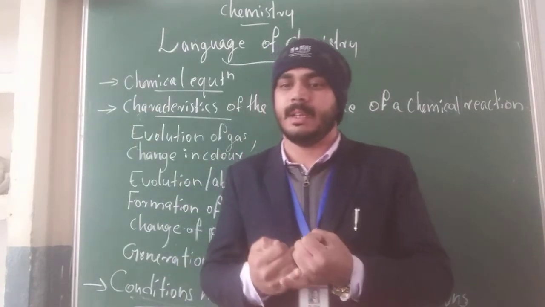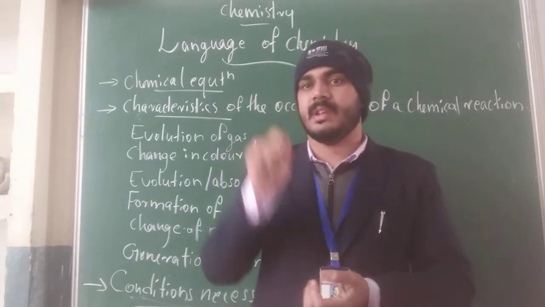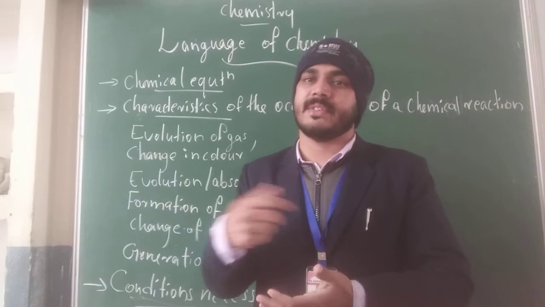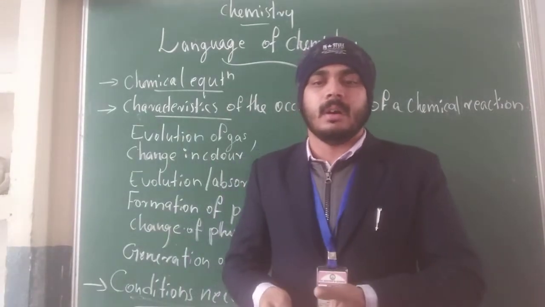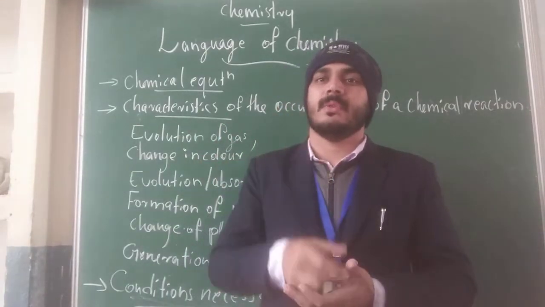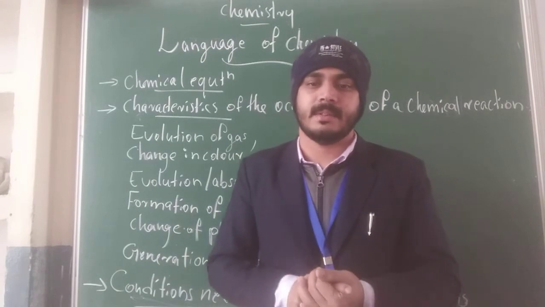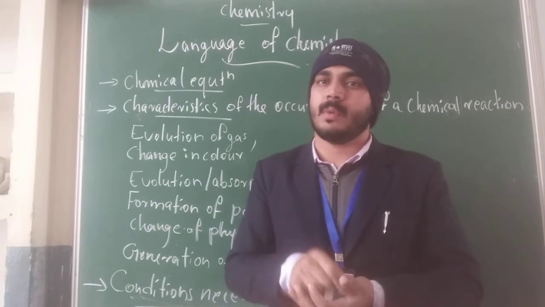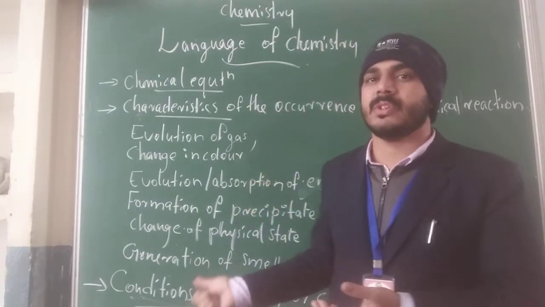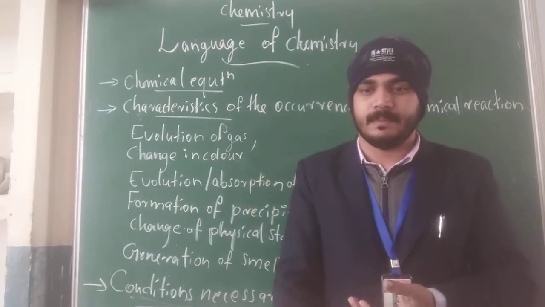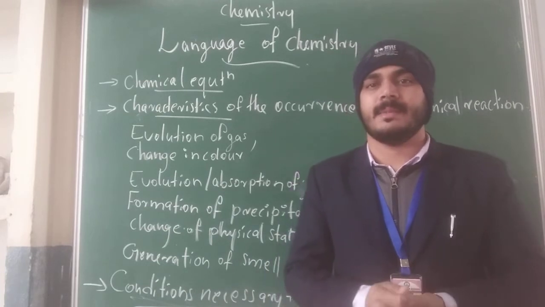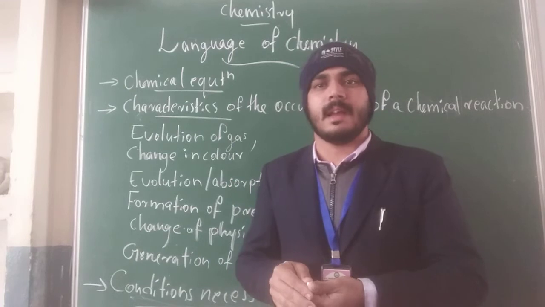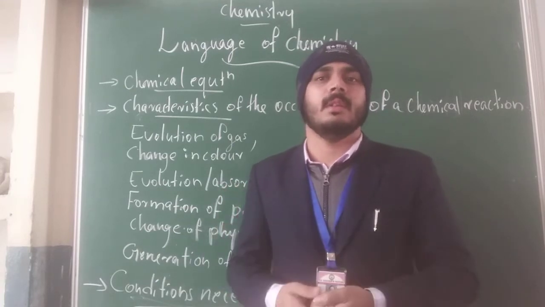Fourth is light energy. The next conditions are electricity and pressure. And the catalyst is an important one. It is one of the conditions necessary for a chemical reaction. Then enzymes sometimes act as catalysts, most probably in the human body.